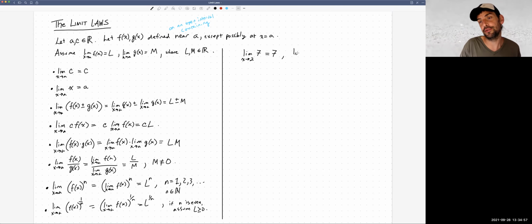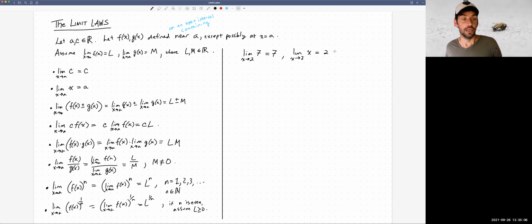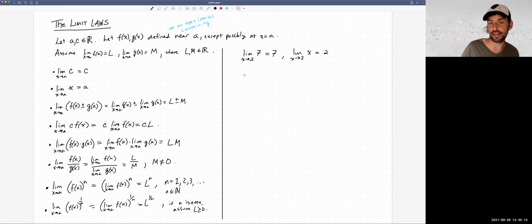Another straightforward example, the limit as x goes to 2 of the function x is just 2. Okay. So let's start building up some more complicated things we can do with this. I'm going to use that constant multiple rule. If I take the limit as x goes to 3 of 5x, I'm going to combine some rules here.